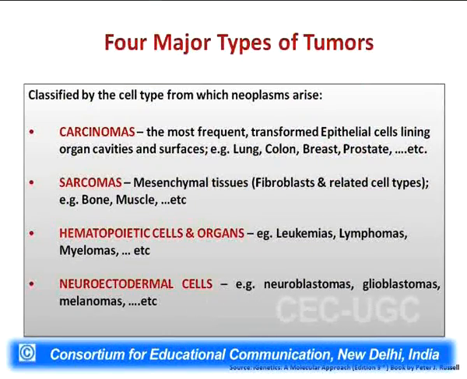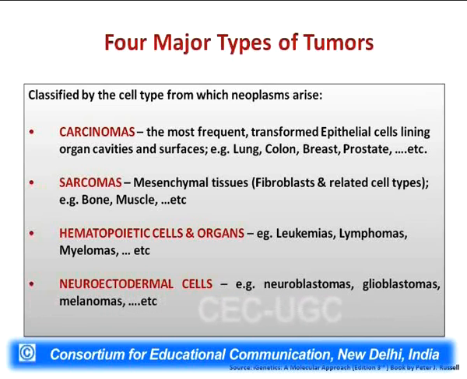Now, there are certain major cell types which have been found. The first major type is the carcinoma, the most frequently found cancer, which occurs in the epithelial cells which line the organs and surfaces, like lung cancer, colon cancer, breast cancer, and prostate cancer. The second major type is the sarcomas, which occur in the fibroblast cells, mainly those involved in bone and muscle.